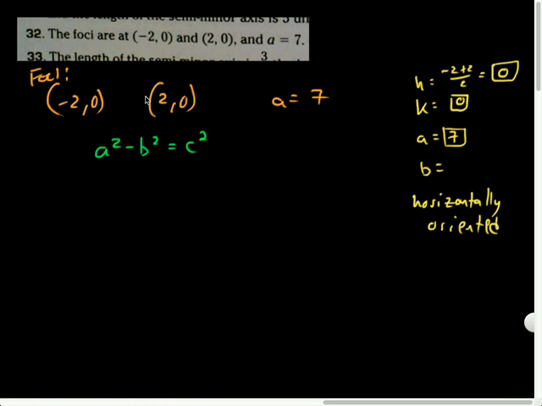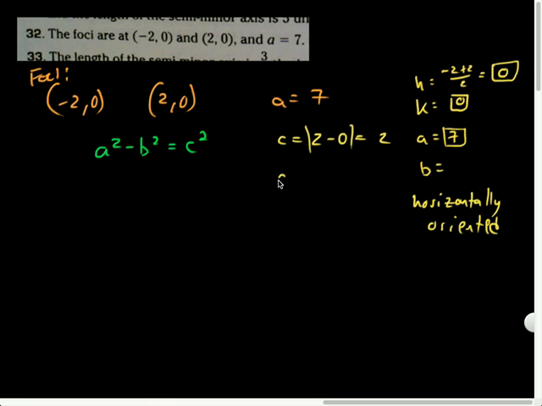And the foci are C units away from the center, right? So this point is 2 units away, since 2 minus 0 is 2. If I do the absolute value of the difference of this coordinate and this coordinate, that would tell it to me.